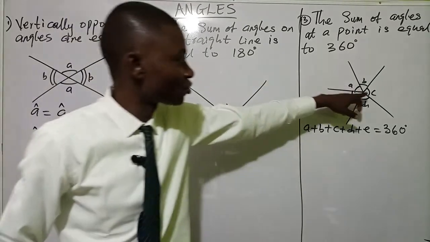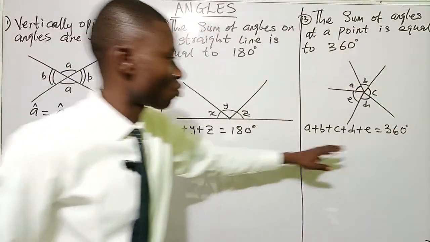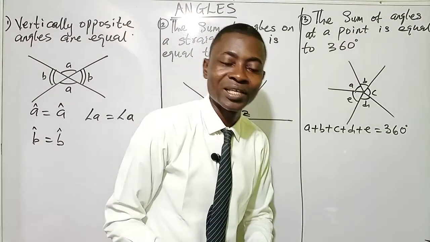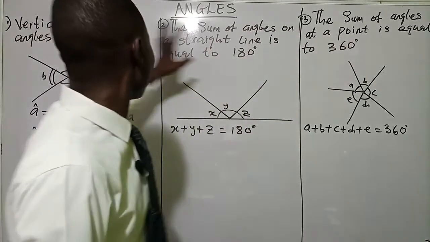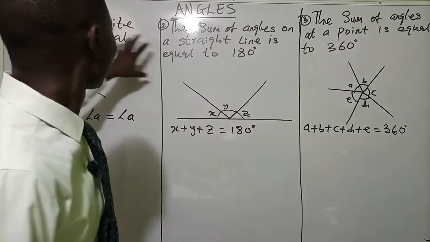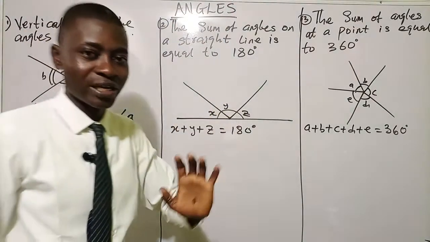When you add all the angles at a point together, it must be equal to 360 degrees. These three laws that we have considered are the first important laws under angles that we need to know.